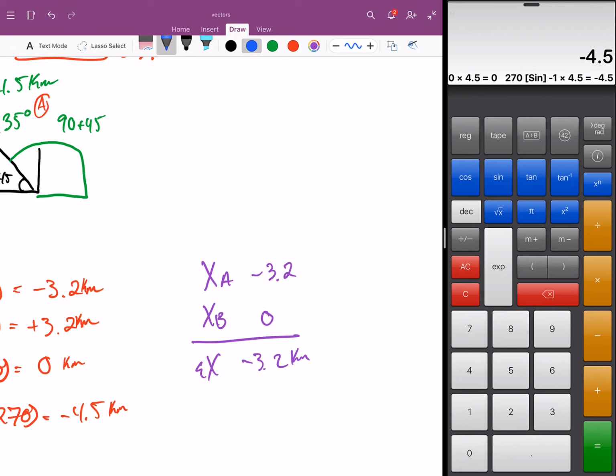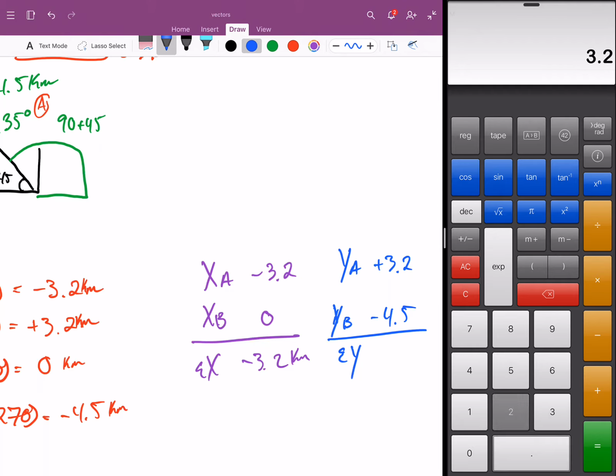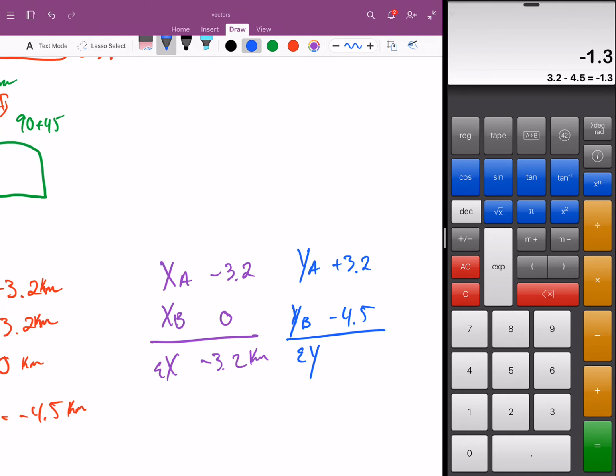And then for y, YA, YB, positive 3.2, negative 4.5, sigma y, negative 1.3 kilometers.